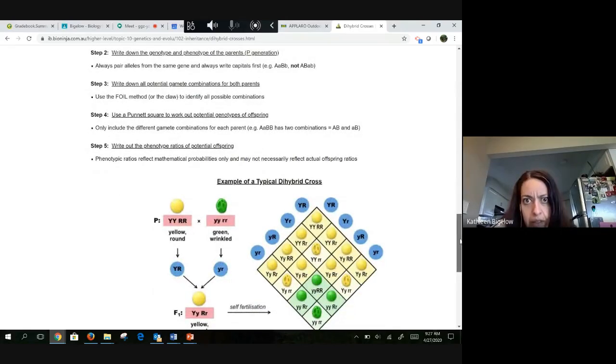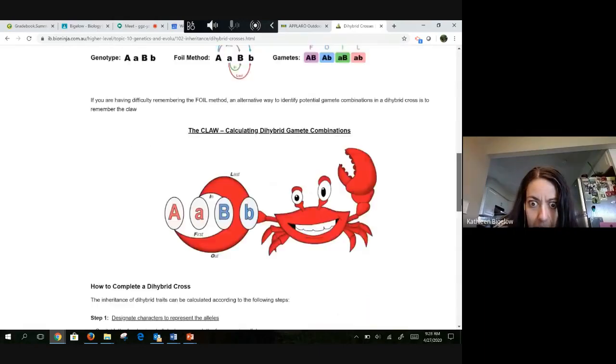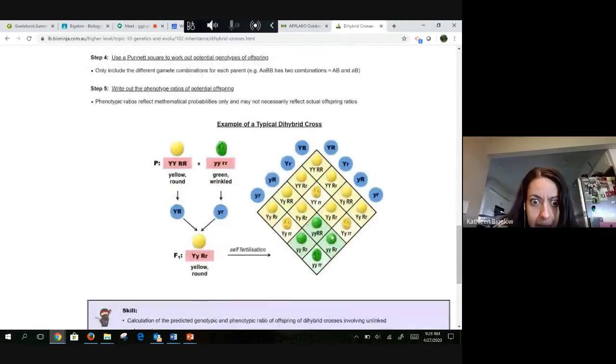Then you would put that parent on one side of your square and do the gametes for your other parent. So let's come down this way. I know it's exhausting. Okay. So here's some peas, which is a nice example because we use peas a lot. Okay.